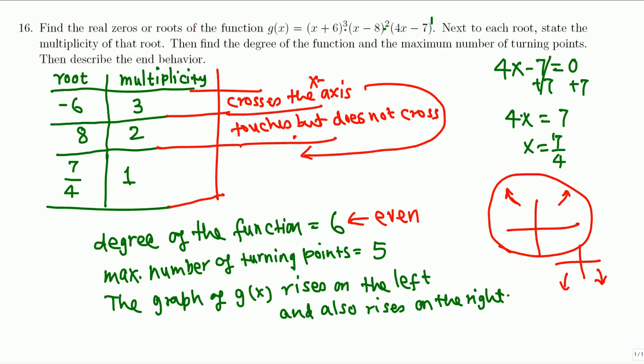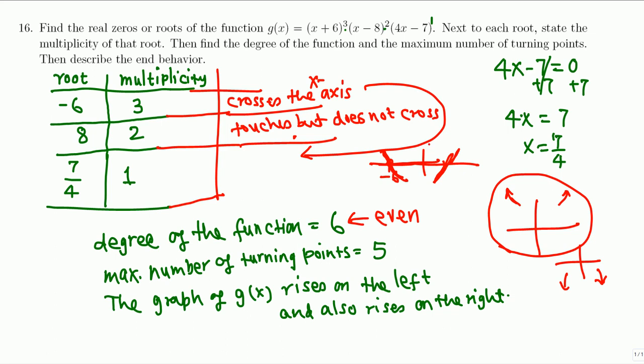All that means when we graph this function at -6, somewhere here, if the graph is going up, eventually it will go through the x-axis, through -6. Same thing at 7/4, it goes through 7/4.